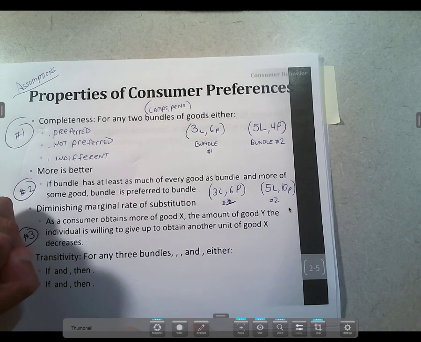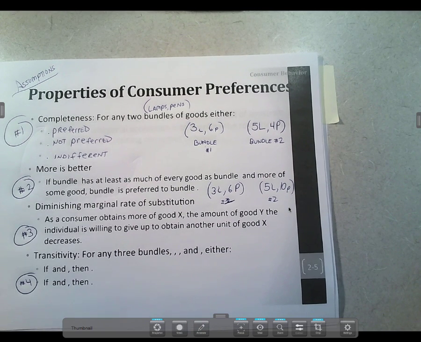And then the fourth assumption is transitivity, which is basically saying that these are logically consistent preferences.